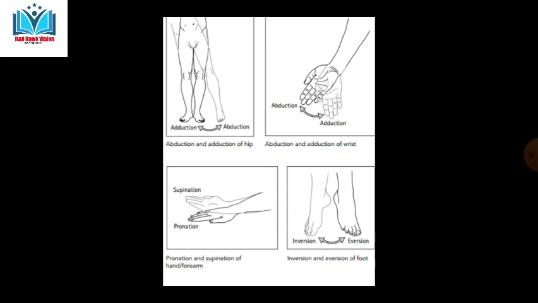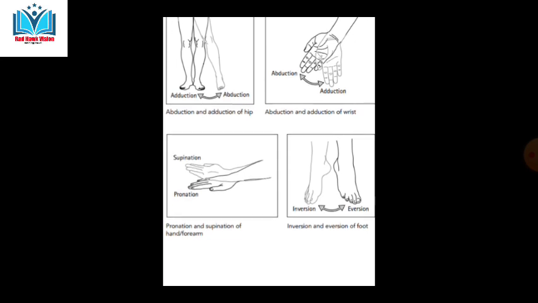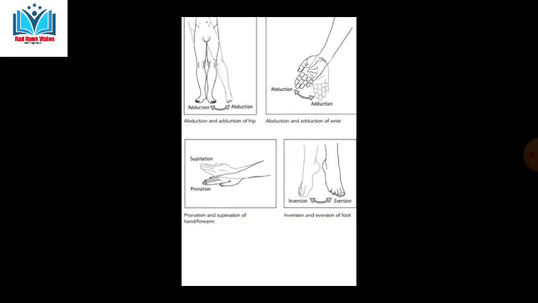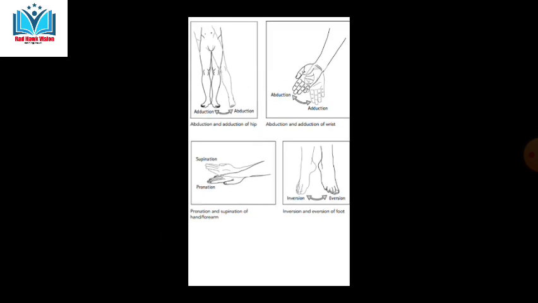And next, in the images below, we have pronation and supination of the hand and forearm. Pronation, we have said, is the movement of the hand and forearm in which the palm is moved from facing anteriorly to posteriorly.